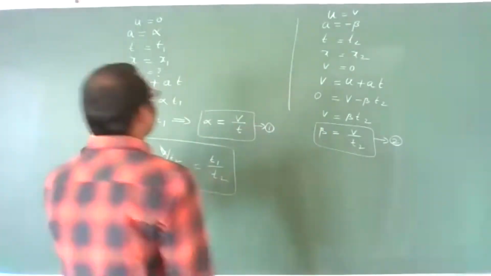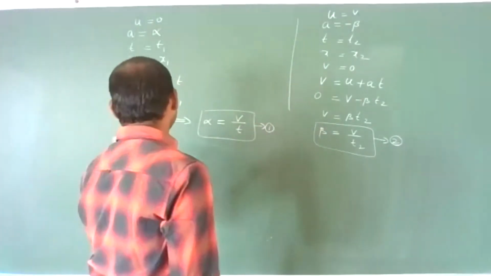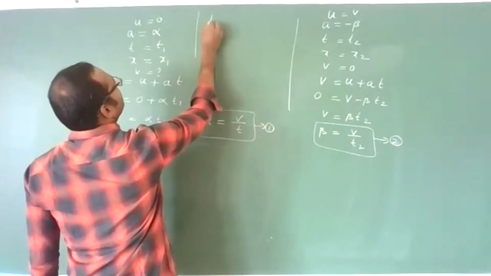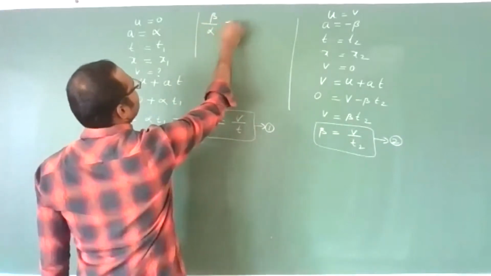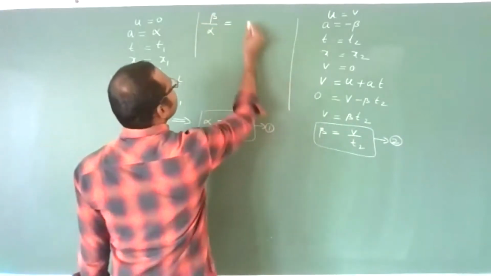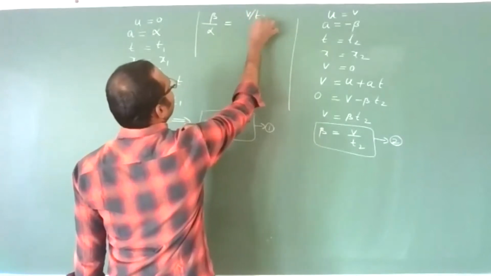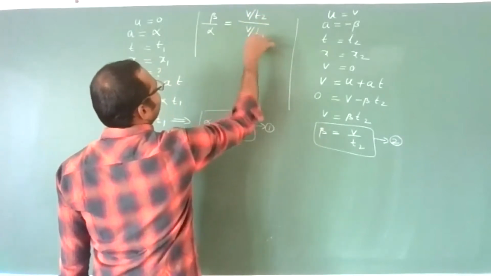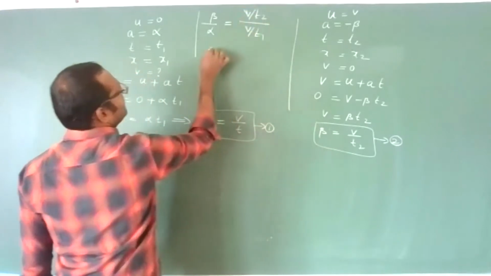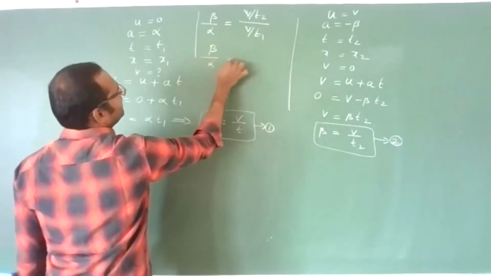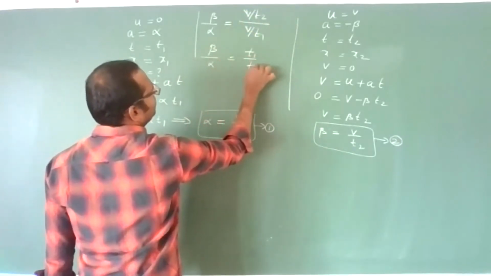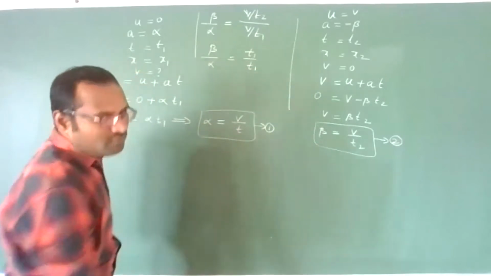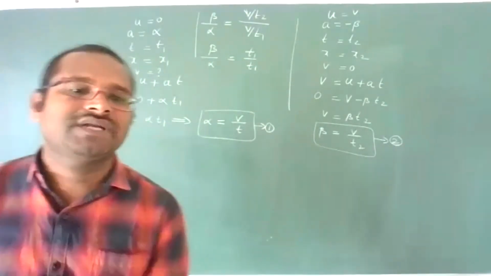So beta by alpha is equal to v upon t2 upon v upon t1. V cancels, and you get beta by alpha is equal to t1 by t2. One more equation we want, in terms of x1 and x2.